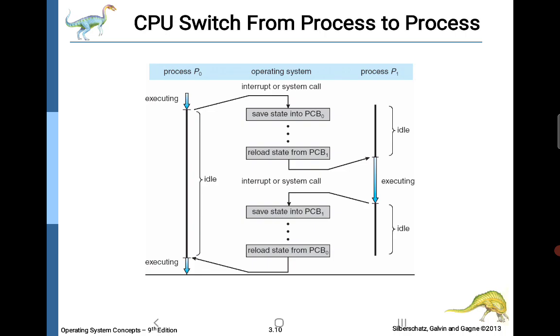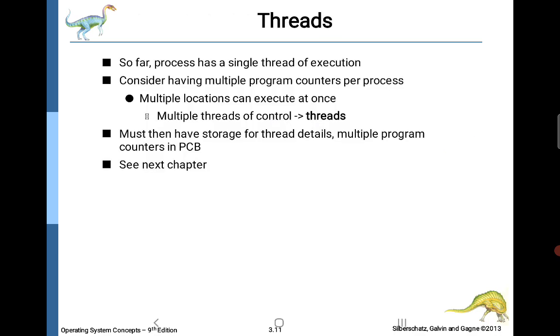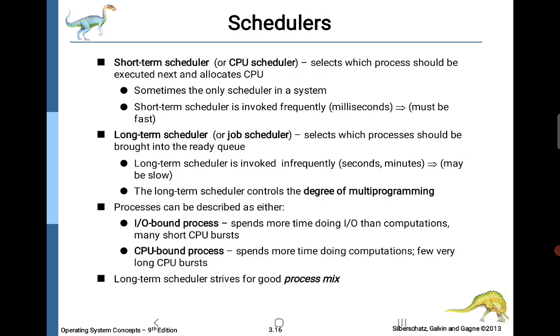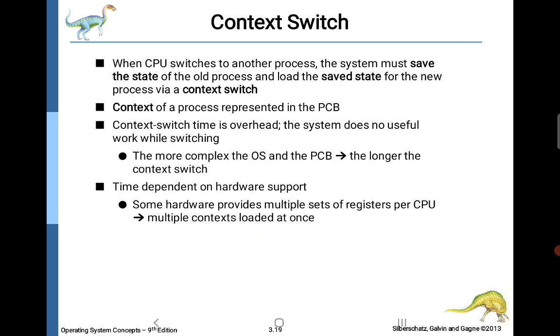This wasted time, where process control blocks are saved and loaded, is actually called context switching time. Context switching time is the time that the CPU needs to save the state of the older process and to load the state of the new process. This is an overhead, a wasted time, but it is actually a must.